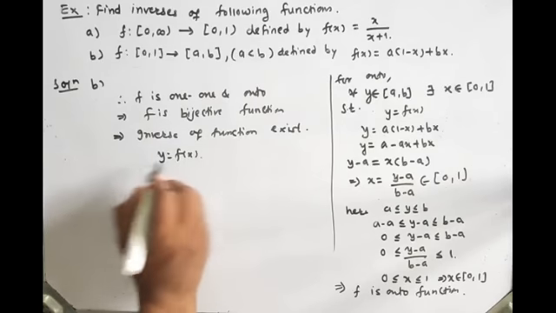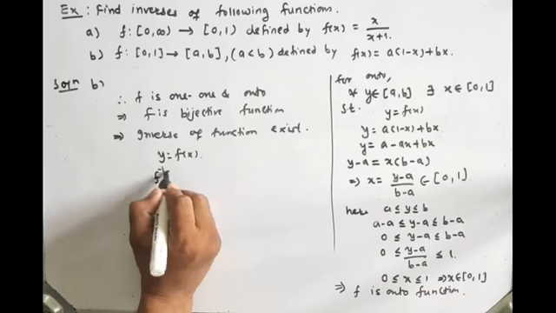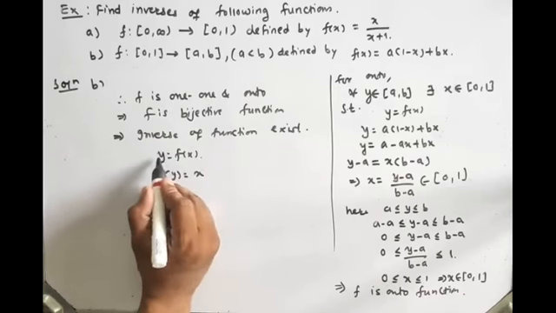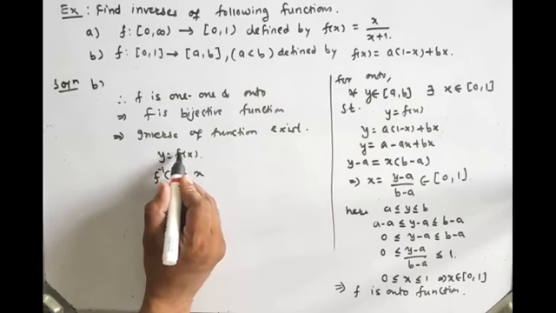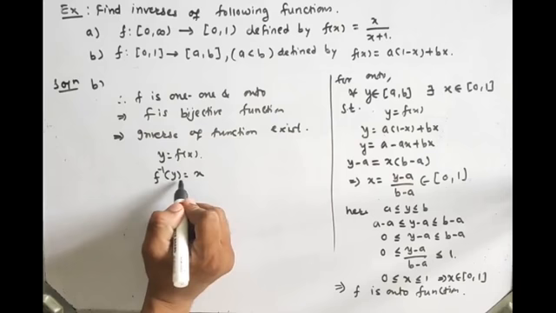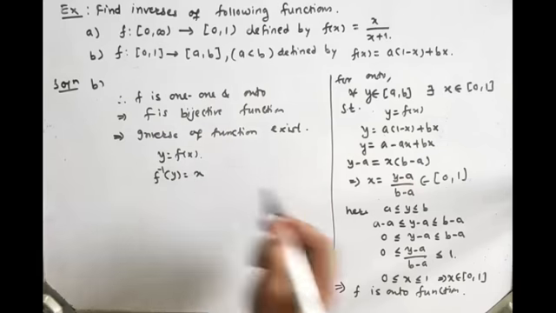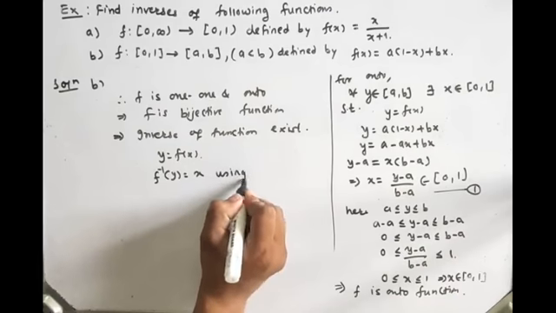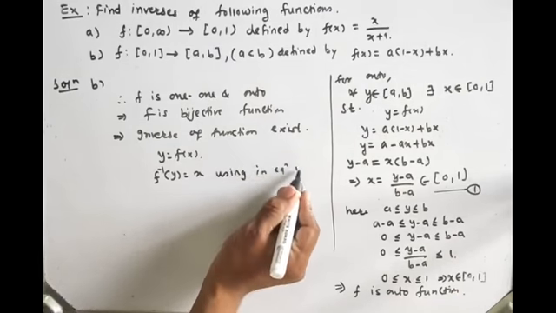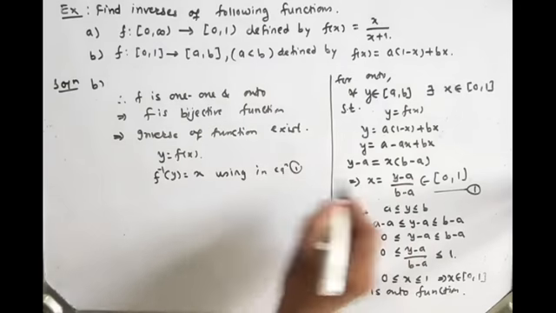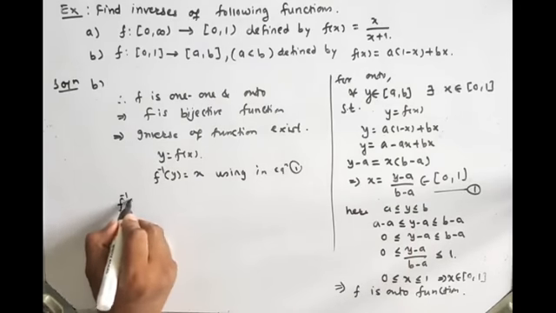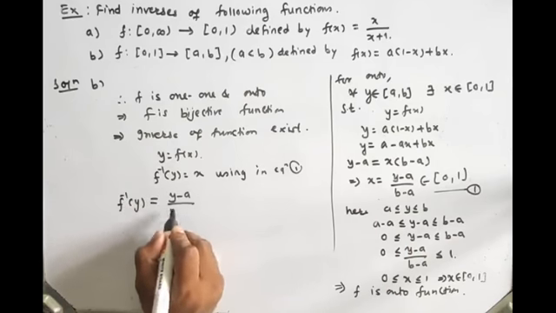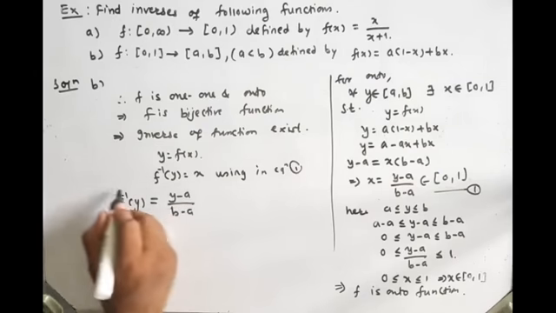I apply the inverse, then I get f inverse of y is equal to x, since f inverse of f is the identity. So f inverse of y is equal to x. Using this value in equation 1, x is equal to f inverse of y. So f inverse of y is y minus a upon b minus a, which is the inverse of the given function.